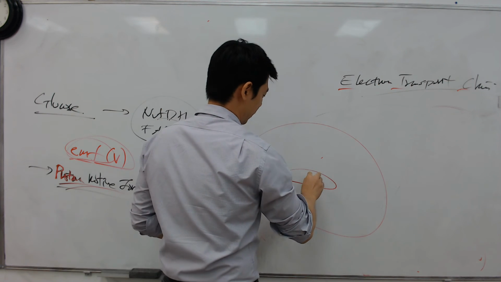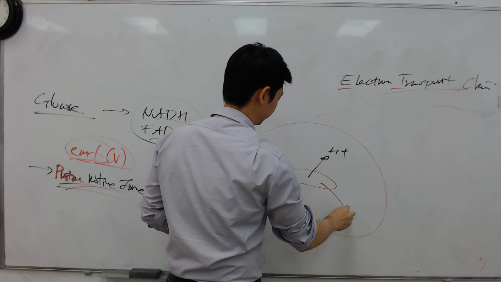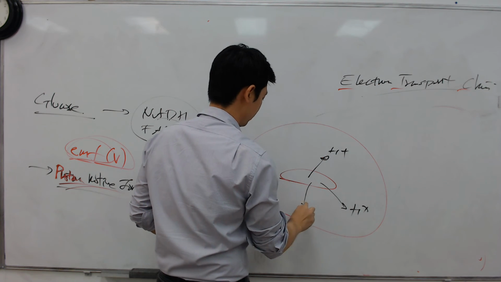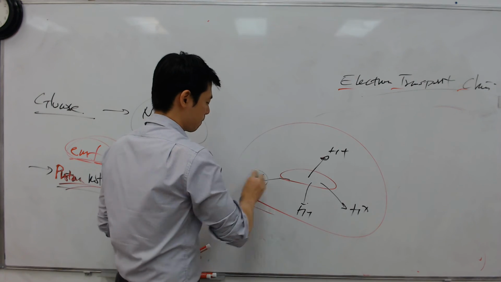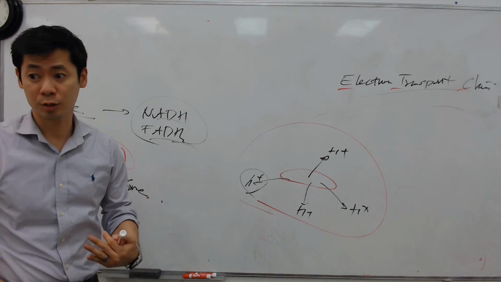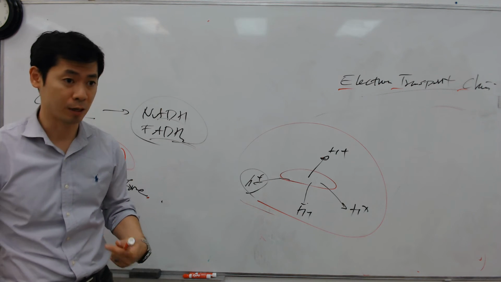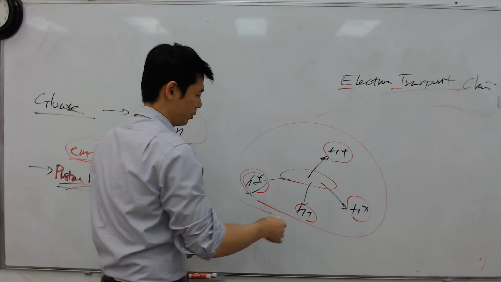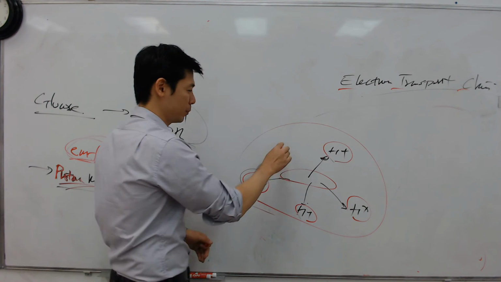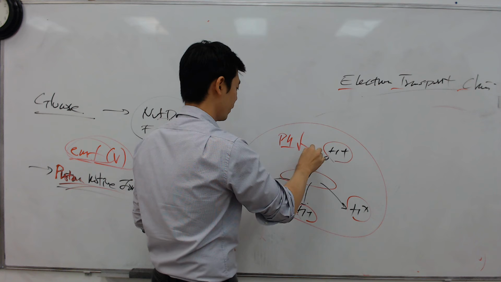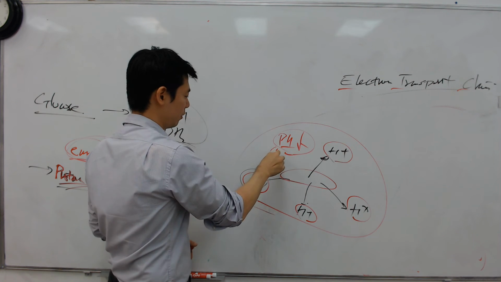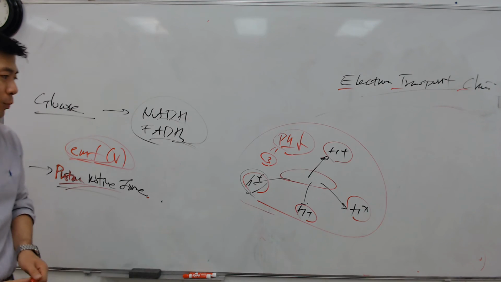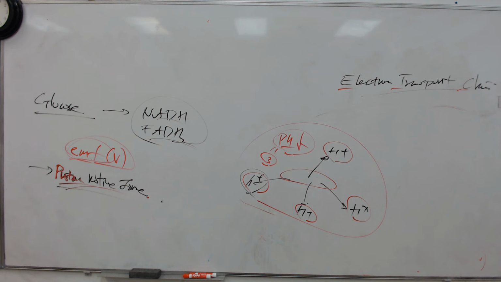They pump all the H pluses into here, so that produces a much higher concentration gradient of proton H pluses. So the pH will be a lot lower, around 3 if I remember correctly. Very low pH inside the intermembrane space right now.